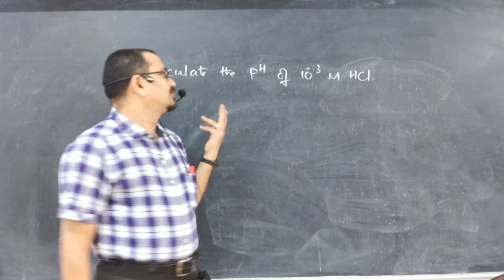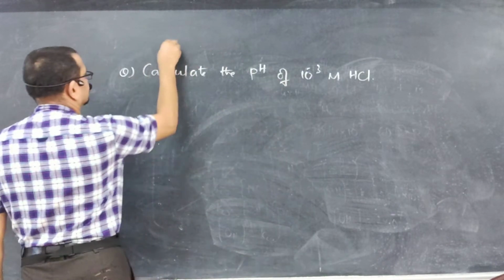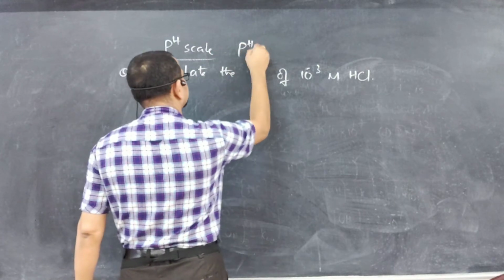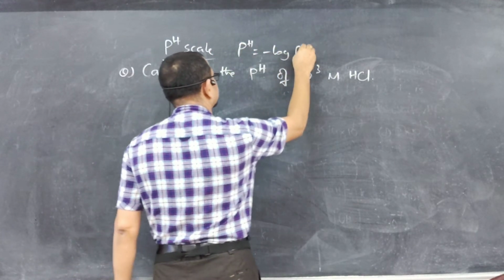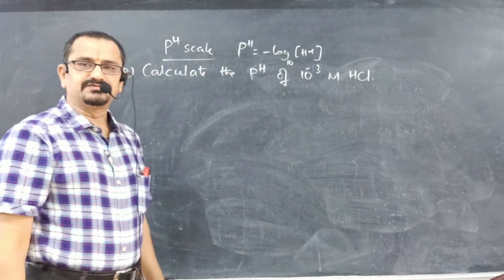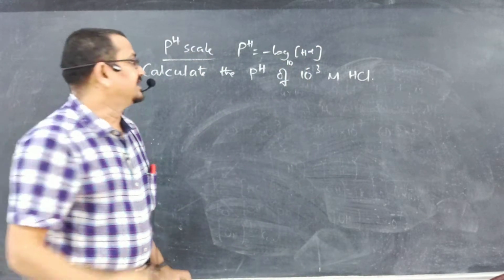This is a question on the pH scale. According to the pH scale, pH is the negative logarithm of the H plus ion concentration to the base 10.